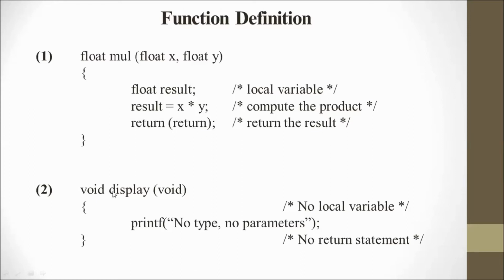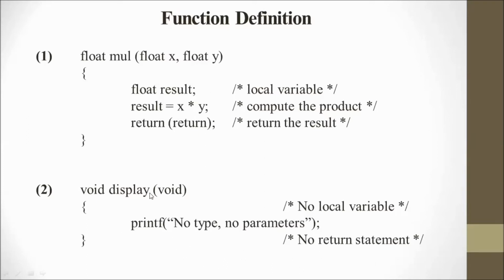Another example of a function: void display. Here there is no parameter in the function. Here we write a statement, printf no type no parameter. Here we also write the comment no local variable, so we do not declare any local variable inside the function, and here there is no return statement value.